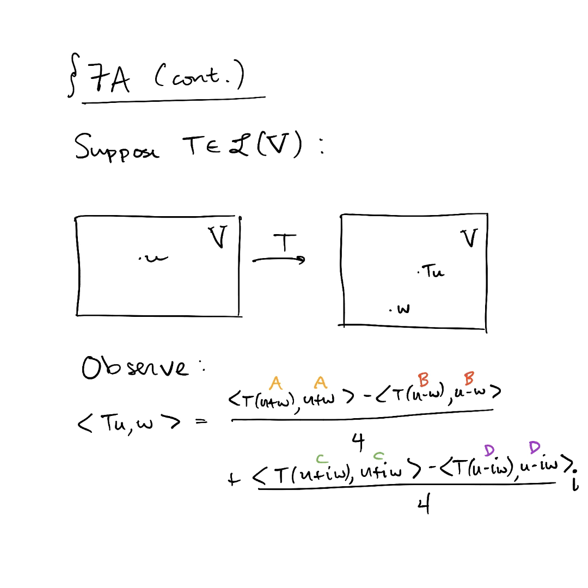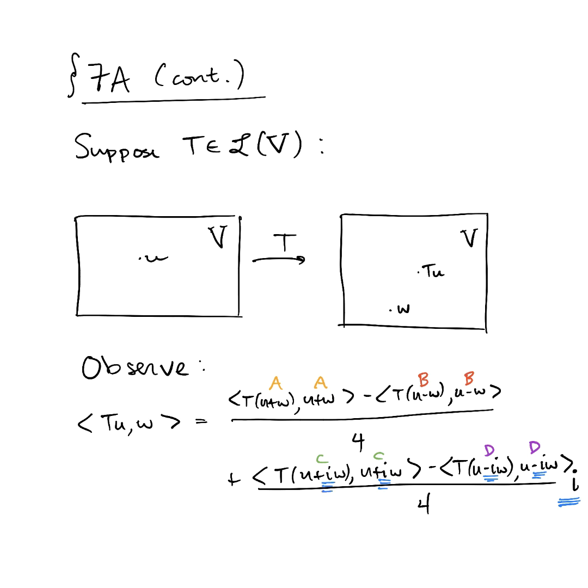And in particular, if you were in a complex inner product space where you could do this, and note, this is important. If this is a real inner product space, then none of this blue underline stuff makes any sense.